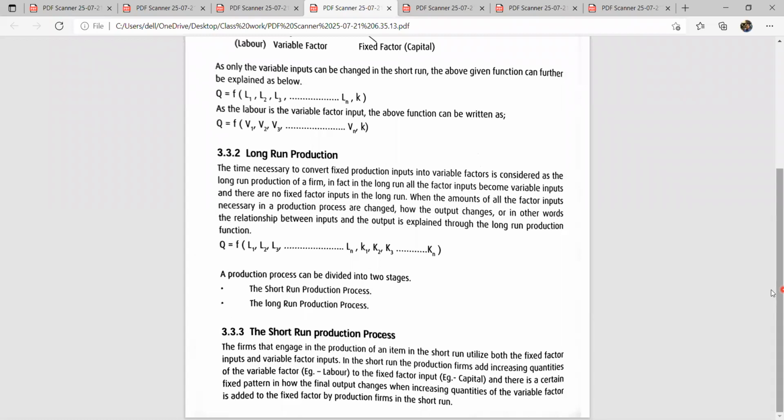Right. It says the firm that engages in the production of an item in the short run utilizes both fixed factor inputs and variable factor inputs.